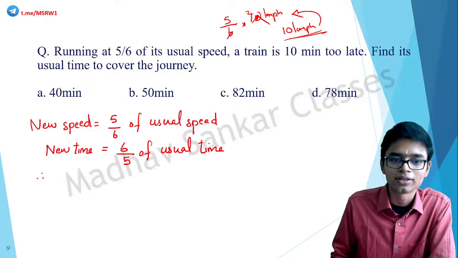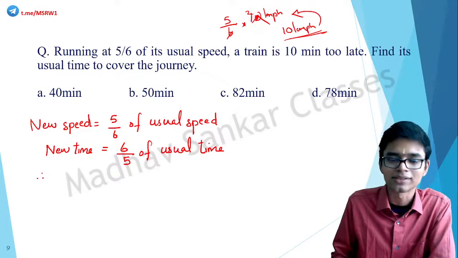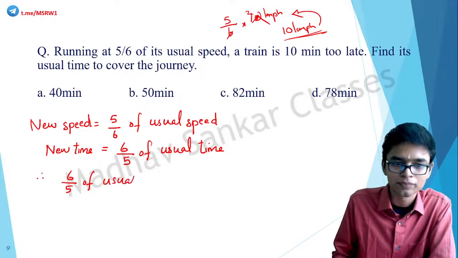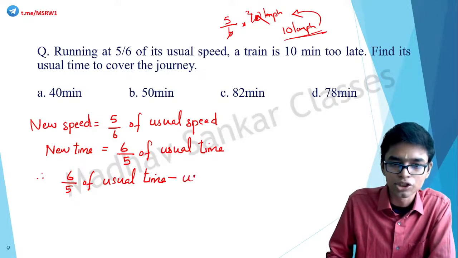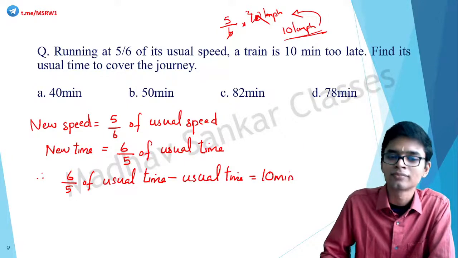So, new speed is this and new time is this. Therefore, 6 by 5 of usual time minus usual time is equal to how much? 10 minutes.